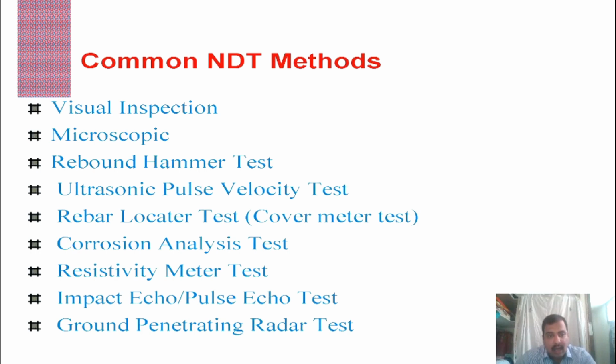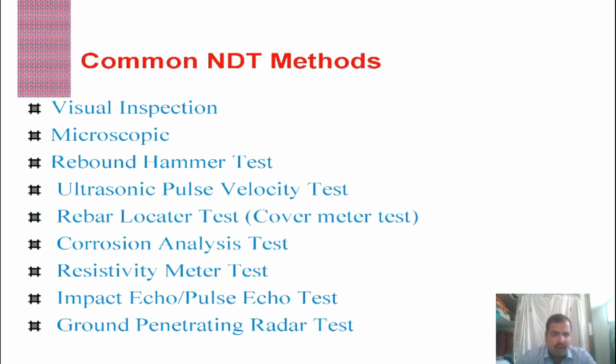Next, the most important and commonly used NDT technique is the ultrasonic pulse velocity test. In this test, we measure the sound velocity through the concrete specimen, and by using the correlation between the velocity and the strength that we have already established on concrete specimens, we can find out the strength, again as an indirect test.